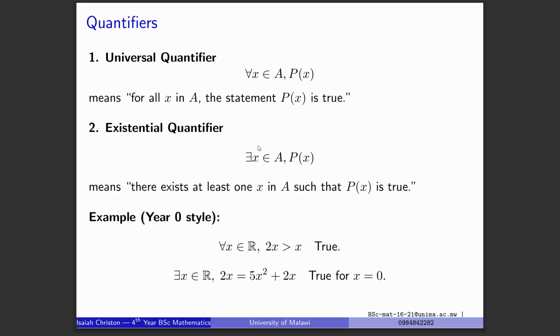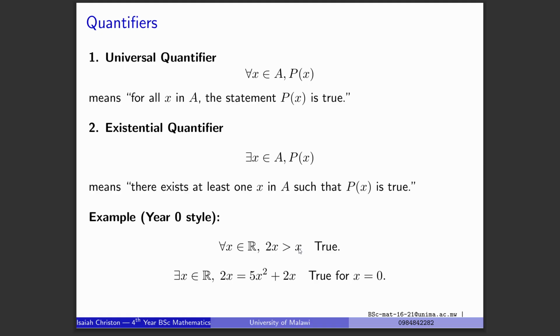Now let us have an example of how we can apply that. My apologies for the symbol here, I'll correct this one. We're saying for every element x in the set of reals, or for every real number x, 2x is greater than or equal to x. So let us pick numbers one by one.